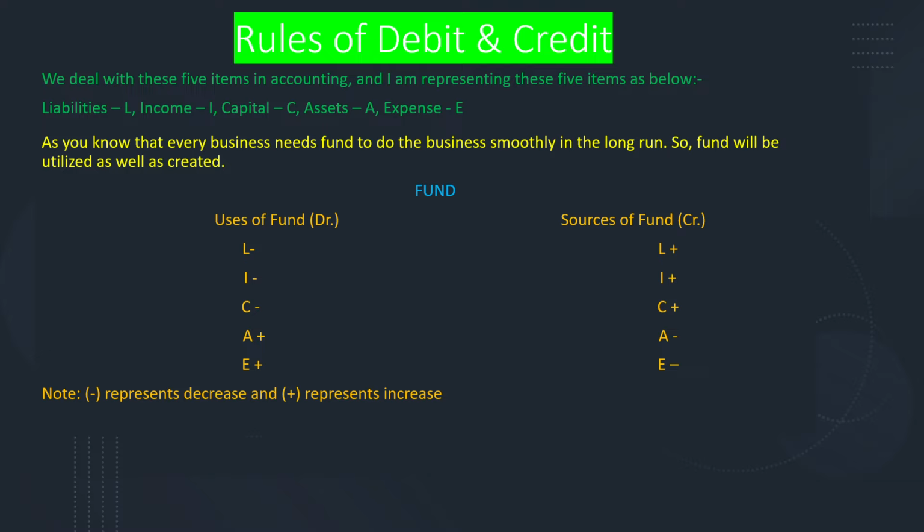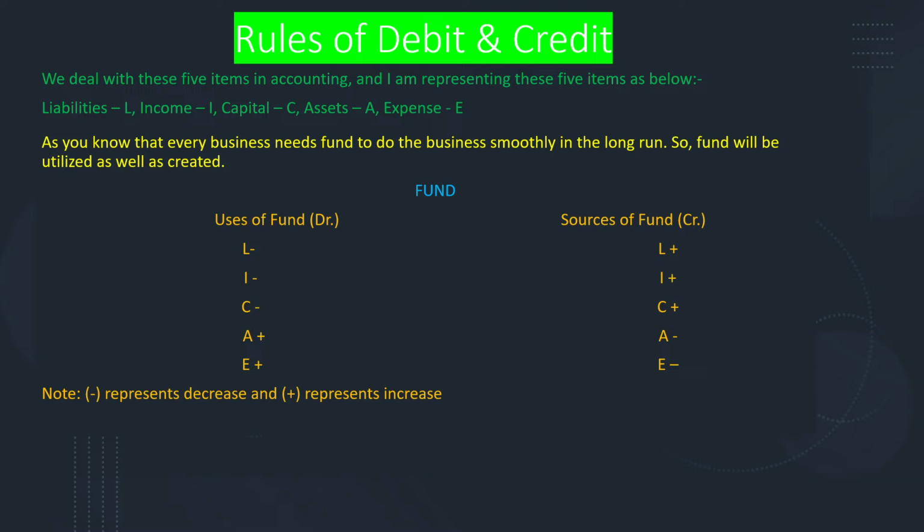Suppose you have a business or a company and you are going to purchase some stationery for your office, and you have identified the supplier from whom you are going to purchase this stationery.